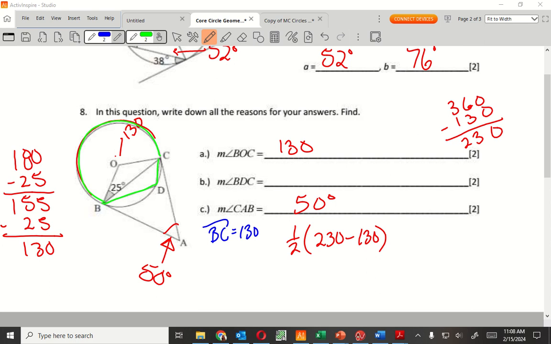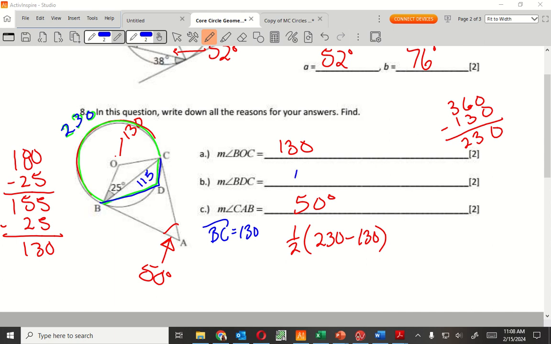Anyway, we said that the arc out here was going to be 230, and the inscribed angle to go along with it is going to be half. What's half of 230? 115.